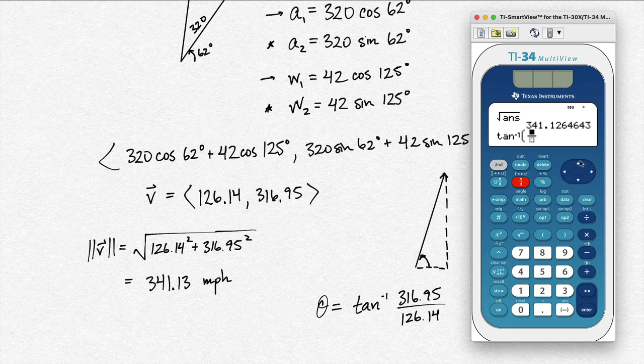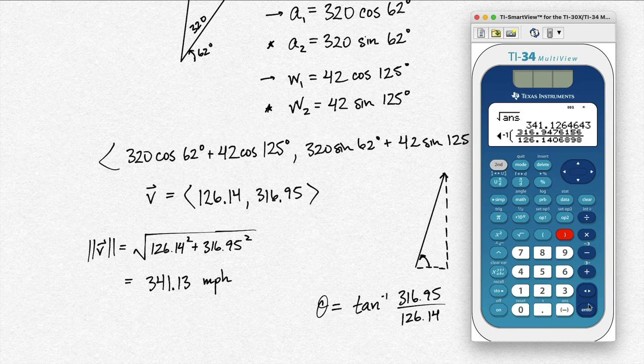I had my 316 right there, and then divided by, unfortunately I can't copy it, so I'm just going to copy it down: 126.1406898.